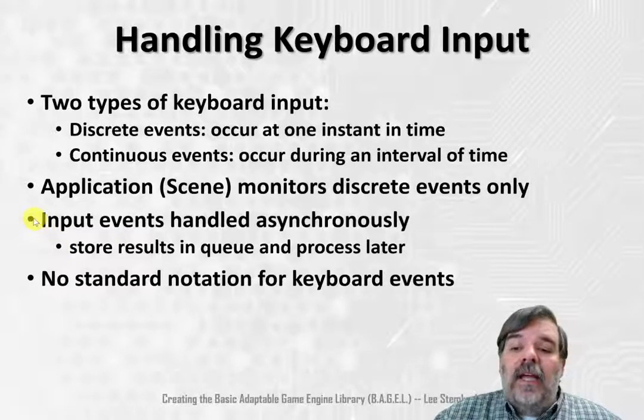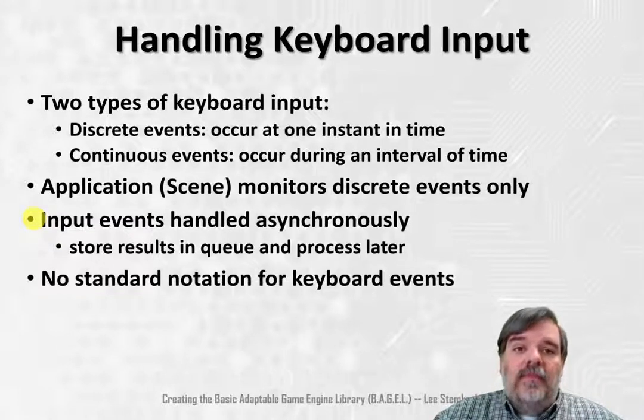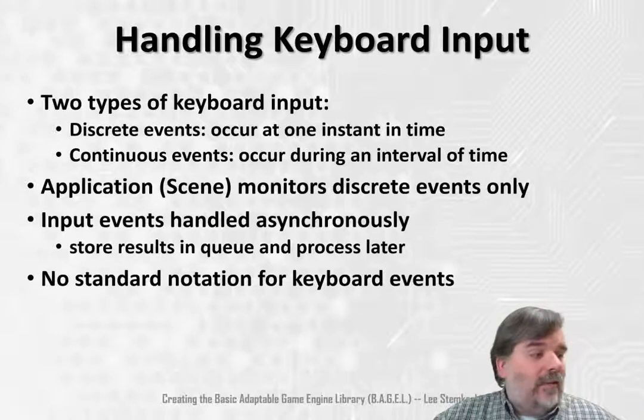And therefore, in the input class, the approach we'll take is whenever a key is just pressed or just released, we'll go ahead and add it to a queue and then process it later at a time of our choosing. We'll use an update function to handle that.